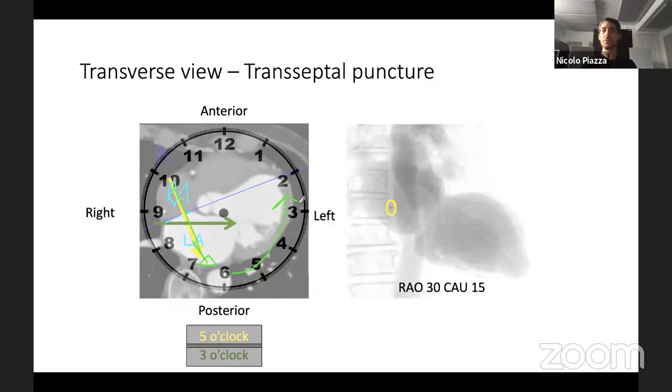So counterclocking from a posterior location gets you closer to the mitral valve and towards the anterior aspect of the heart. Notice on the right-hand side, I have a fluoroscopic image of a quasi three-chamber view, an REO 30, caudal 15. In this particular patient, that's where the atrial septum was seen en face.